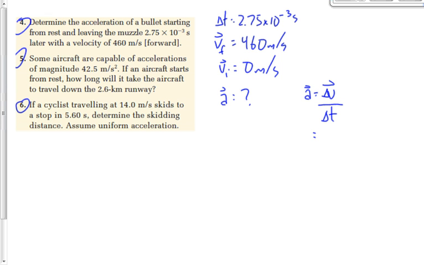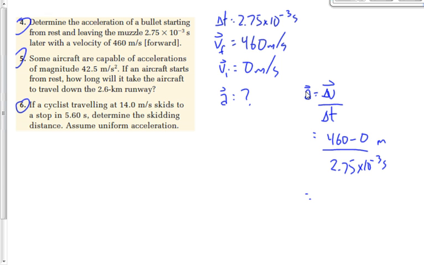Delta v is v_f minus v_i, so it's 460 minus 0. In the end, if you had just made it 460, you would have gotten away with that, right? But if initial velocity wasn't 0, you'd have to make sure you subtract them. Delta t was 2.75 times 10 to the minus 3 seconds. What do we get? 460 divided by 2.75 times 10 to the minus 3.